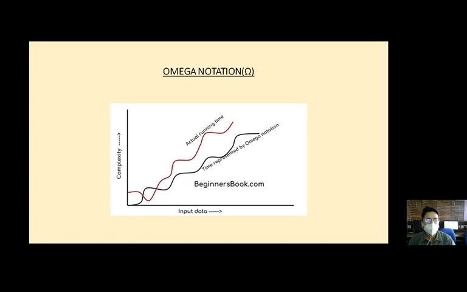But after the second intersecting point, it is clear that the actual running time is greater than the time defined by the omega notation. So it becomes the lower bound after a point, for example n0. This is called the best case complexity.